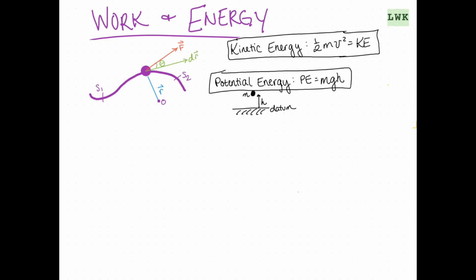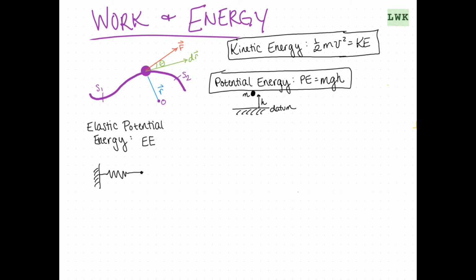And the last type of energy is our elastic potential energy. And we're going to call this EE. This is the potential energy an elastic object has that has the ability to store energy or do work. So in these types of problems, you're mostly going to see a spring.